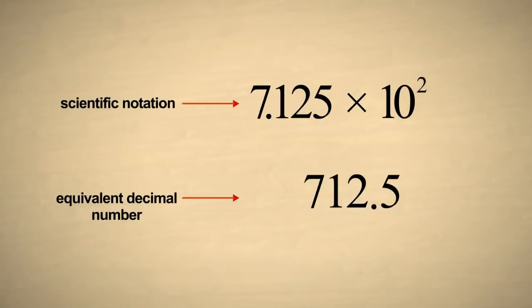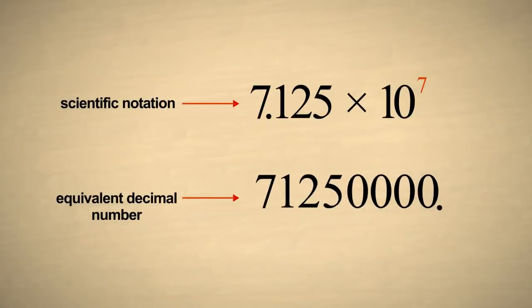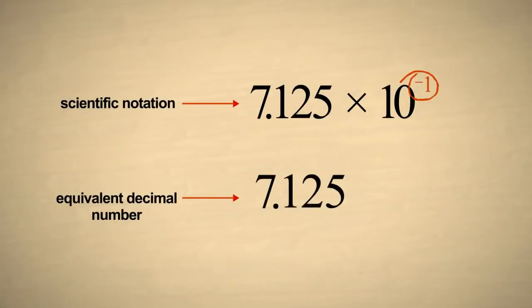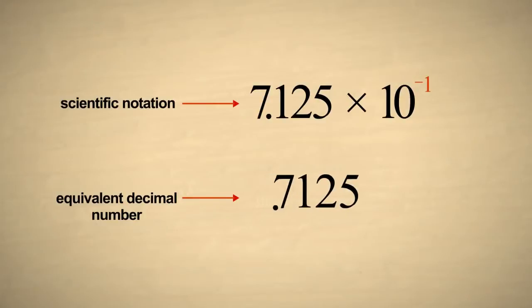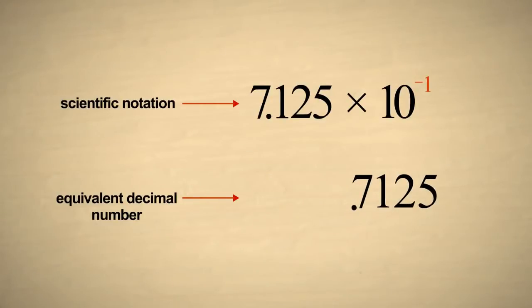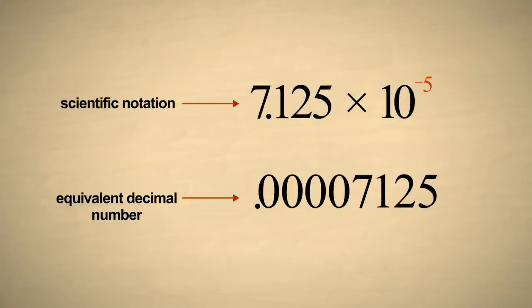If the decimal point must move beyond the last digit, zeros are added to the end of the number to accommodate its new position. If the exponent is negative, the decimal point is moved that many columns to the left. If the decimal point must move beyond the first digit, zeros are added to the beginning of the number to accommodate its new position.